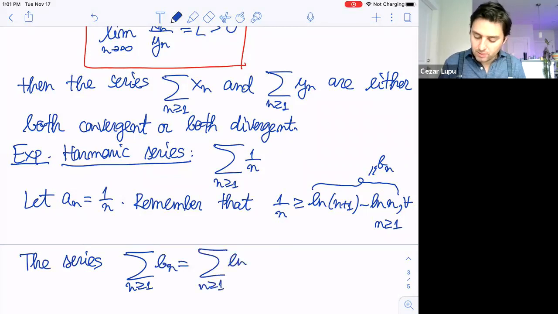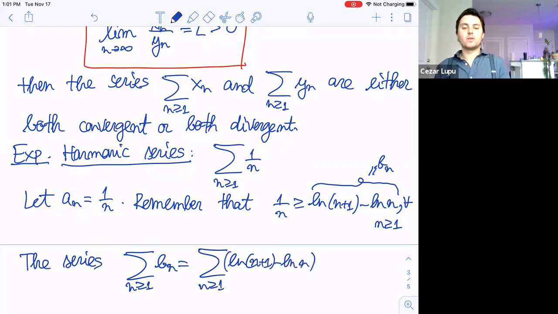And what can you tell me about this series? You see the difference of any two consecutive terms, ln of n plus 1 minus ln of n. What can you tell me about it?